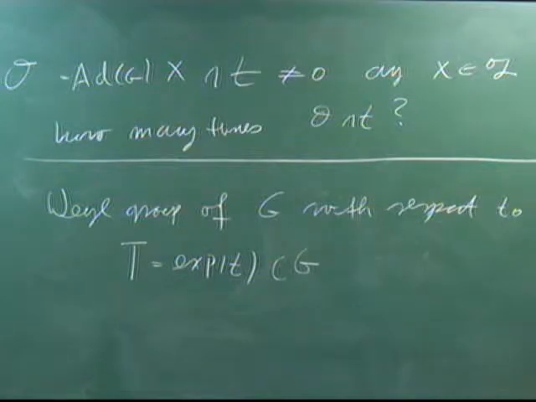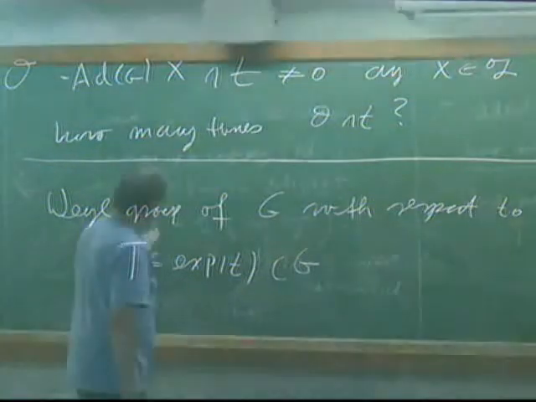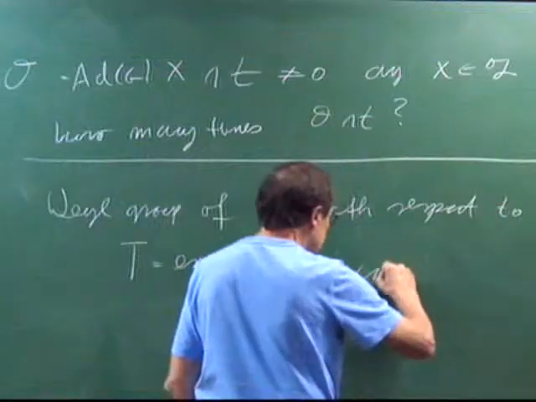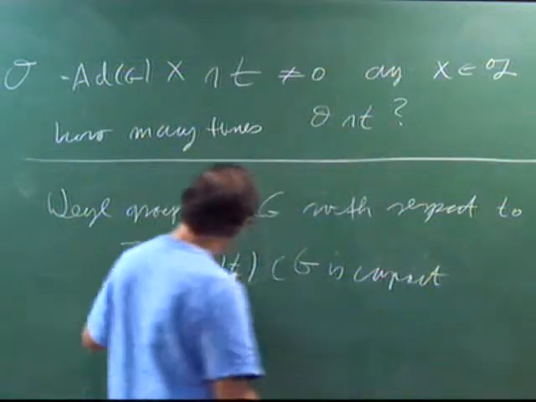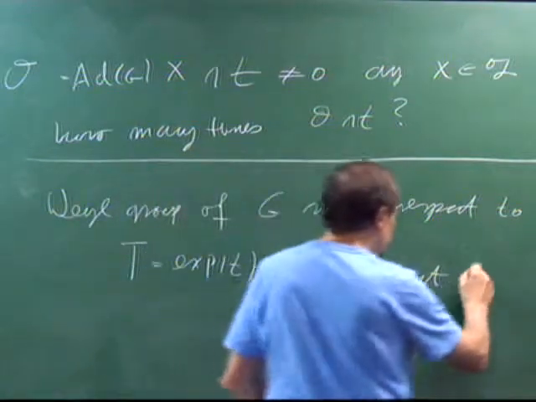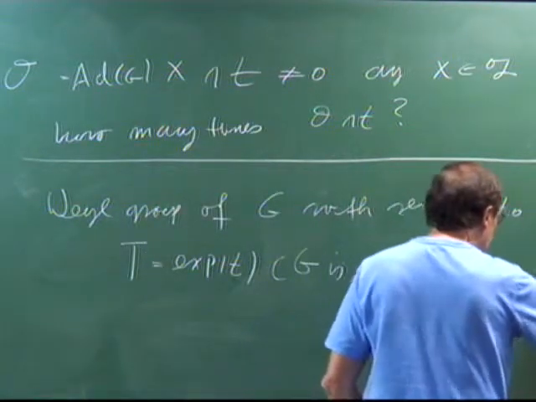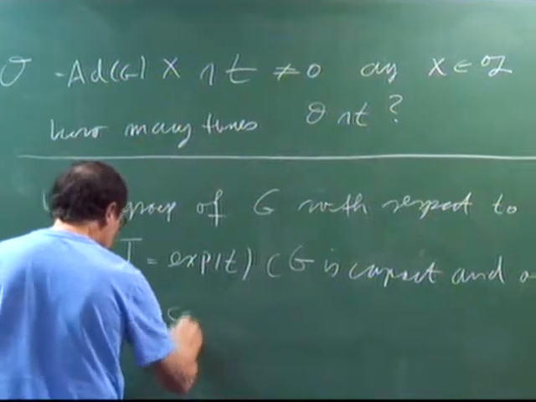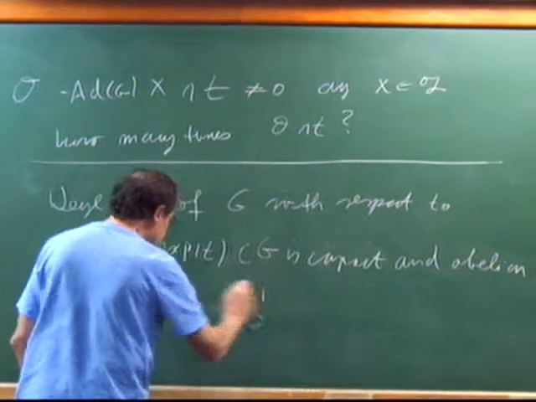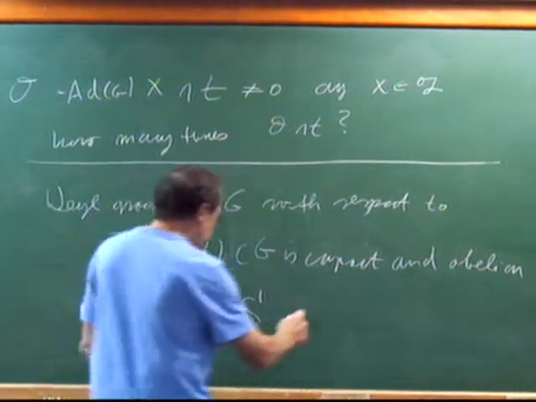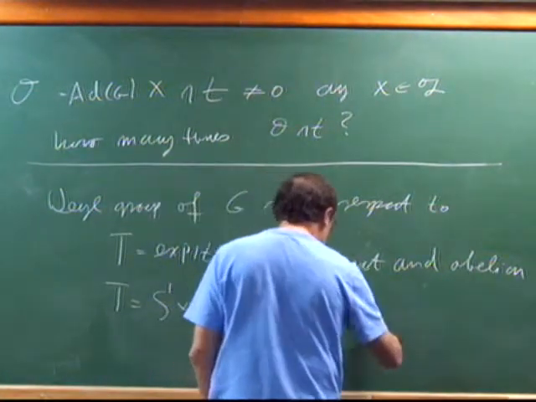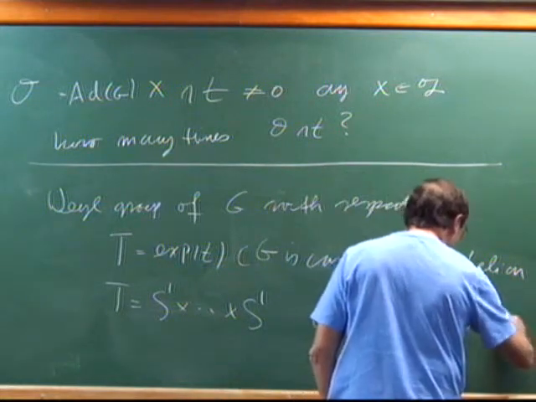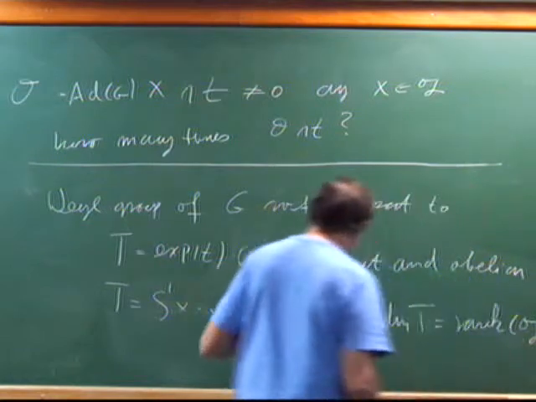And remember in the proof of this theorem, last time we proved that T is compact. And because T is abelian, compact and abelian, indeed this torus is a usual torus, a product of circles. And the dimension of this torus, or the dimension of T, we call the rank of the Lie algebra, or the rank of the Lie group.